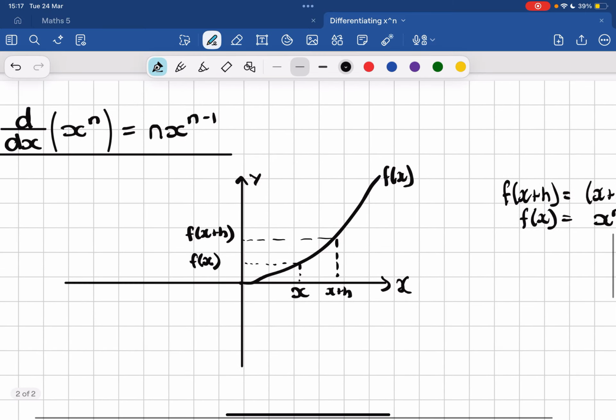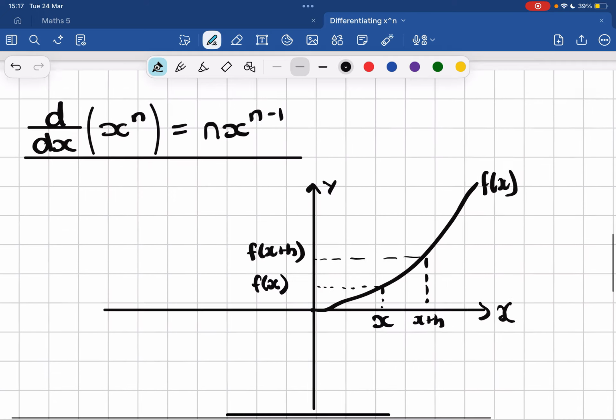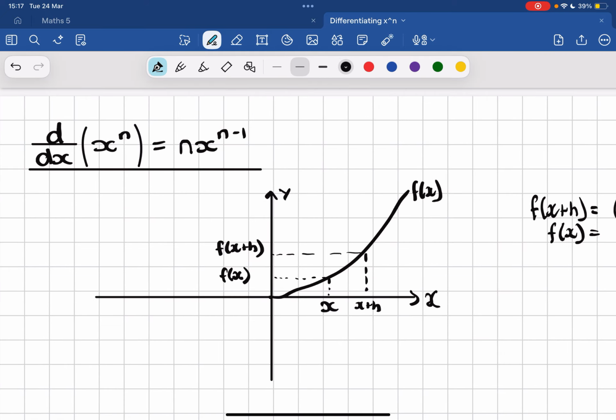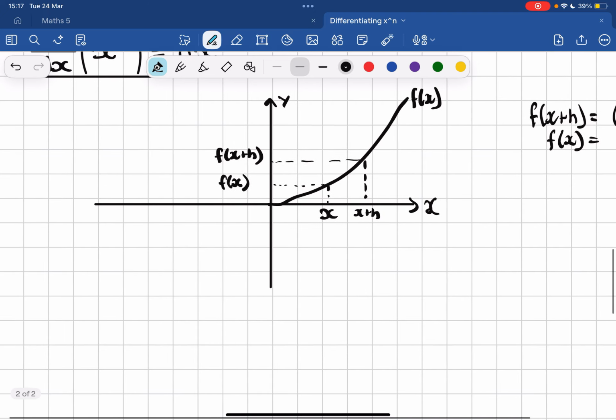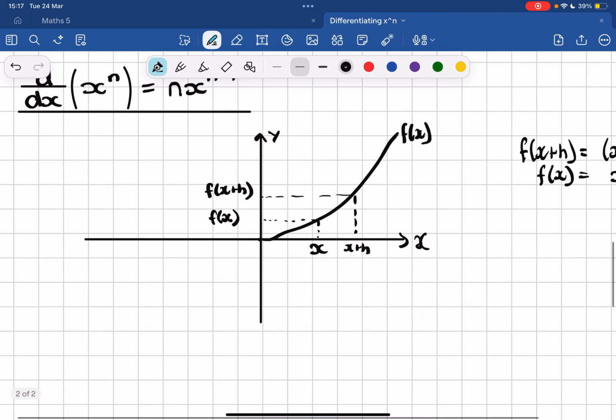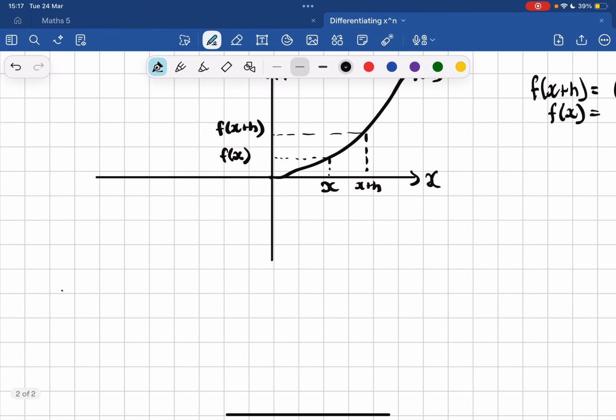And when we take the derivative, so dy over dx, or in this case f dash x, we're looking at the gradient. So the gradient between the points x and x plus h, f dash x, equals change in y over change in x.